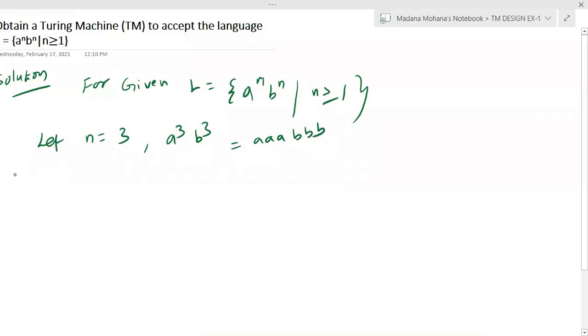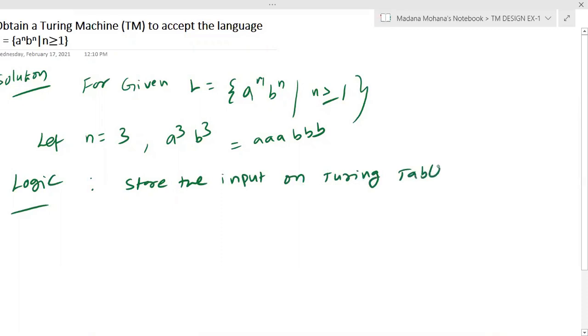So what is the logic? First, store the input on the Turing tape followed by blanks.